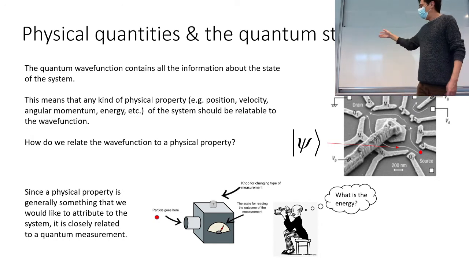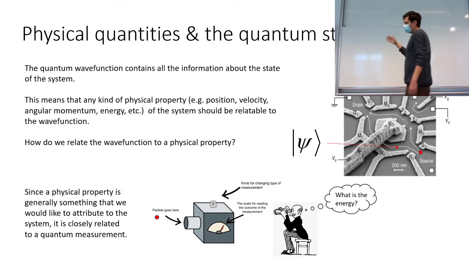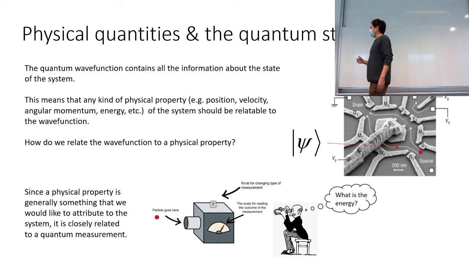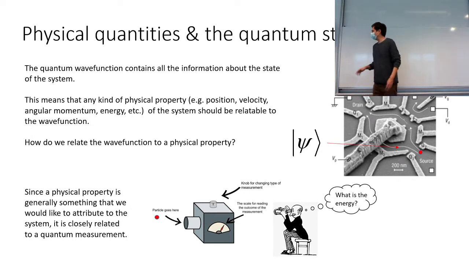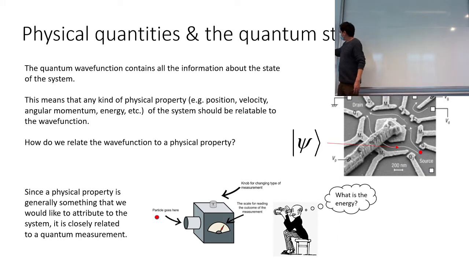So maybe those 0 and 1 states could be just one aspect of the particle. For example, this particle here, it might go left and right. And so we were saying, if it goes left, it's 0. If it goes right, it's 1.